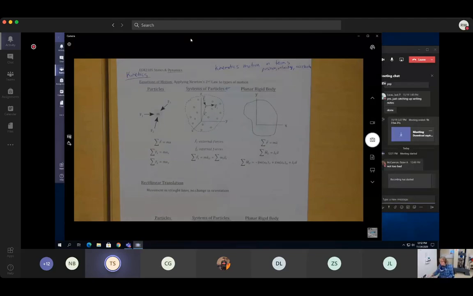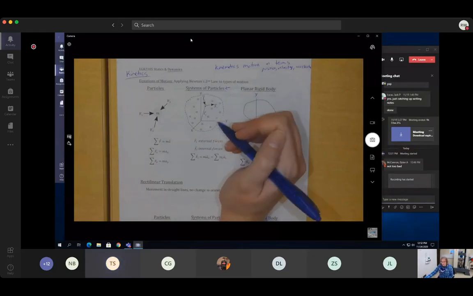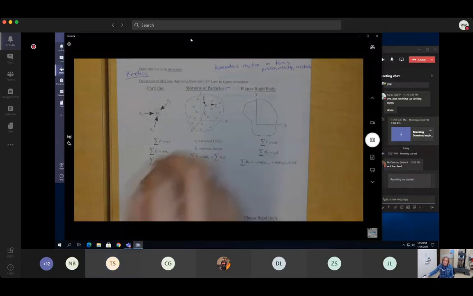Okay, so let's think of it in terms of maybe 2 cars. So if you have 2 cars and they collide, what forces in that collision would be internal to the system, and what might be external to the system?